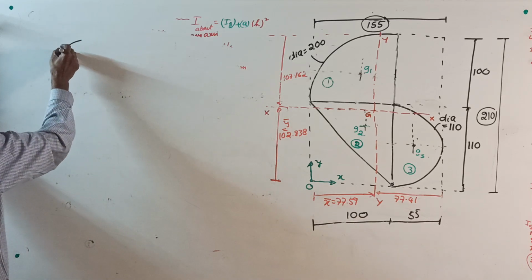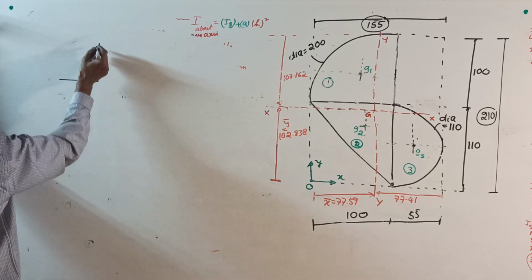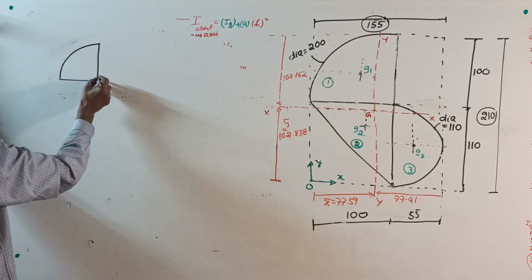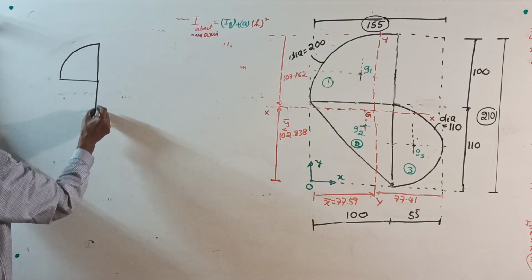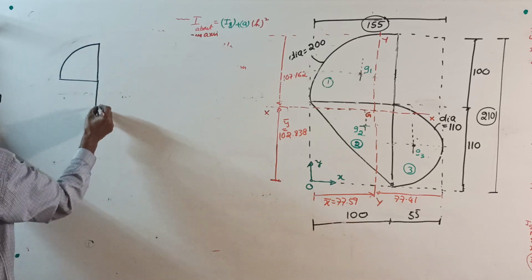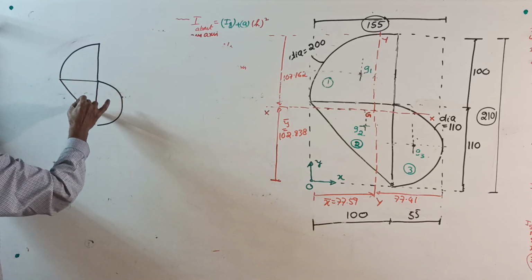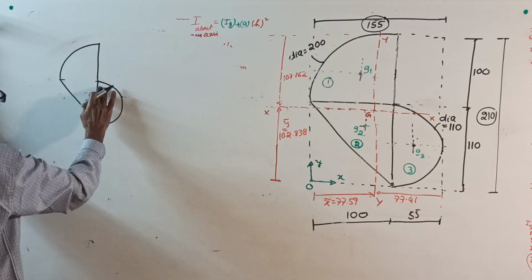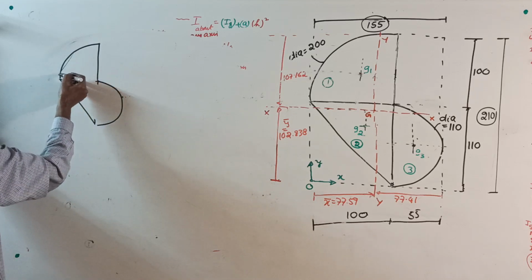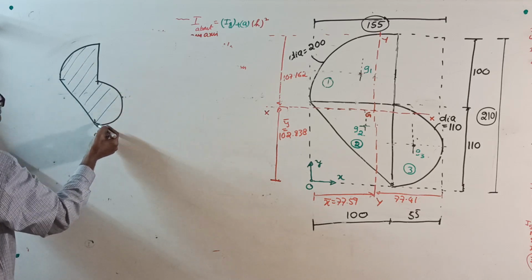See correctly what I am doing. One semicircle. 100, 110, and this way. Do one thing. Everything as one unit, single unit. Don't break.